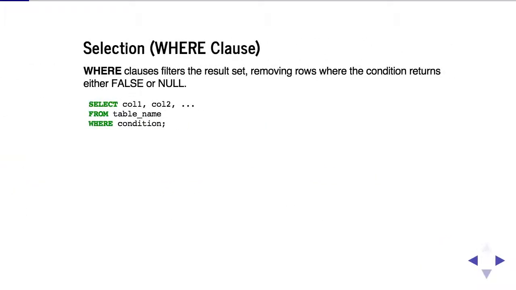So we're going on to the where clause, which is basically filtering. The where clause filters out the result set wherever the condition in your condition statement returns false or null. For instance, here is select columns from a table where we have some condition operating.